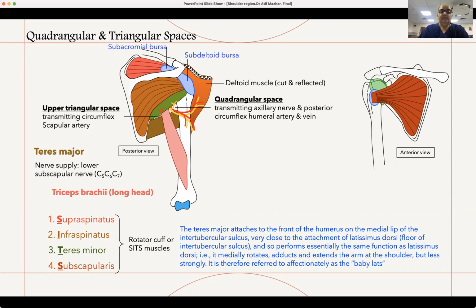We have the circumflex scapular artery, which is coming up from here. And from this lower one, very important structures are also coming from here. We have the radial nerve as well as the profunda brachii artery. So you are expected to be good. What are the boundaries of these areas? Who are the structures making the boundaries, and what are the contents coming from these areas?